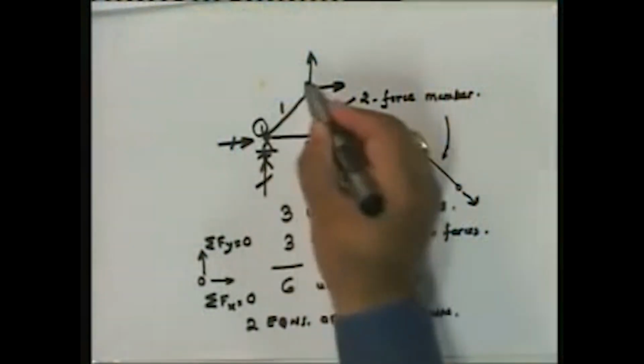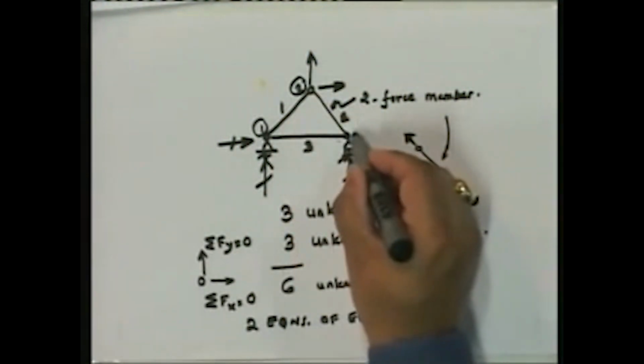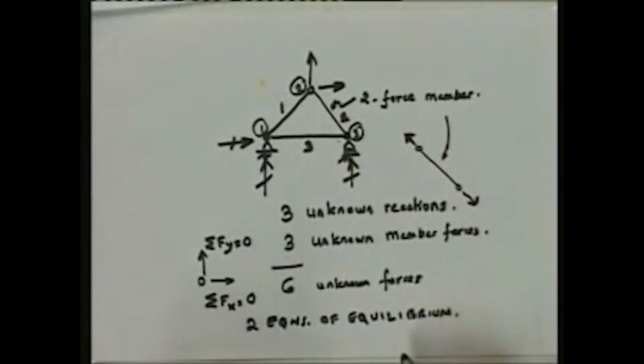How many points are there in this particular structure? A point, or more commonly a joint, is where two or more members meet, or a member meets a support. So how many joints do we have in this structure? 1, 2 and 3. So we have 3 joints, and we can write 2 equilibrium equations for every joint.